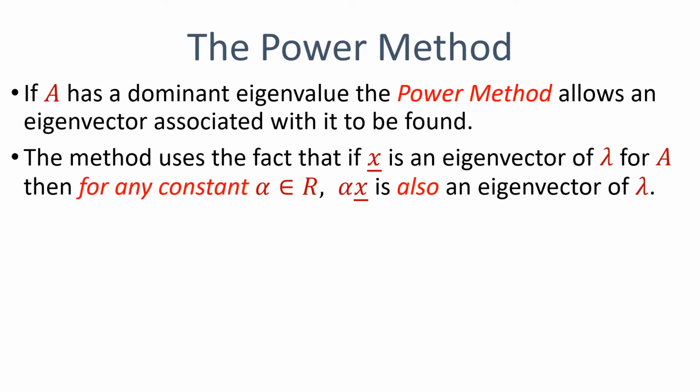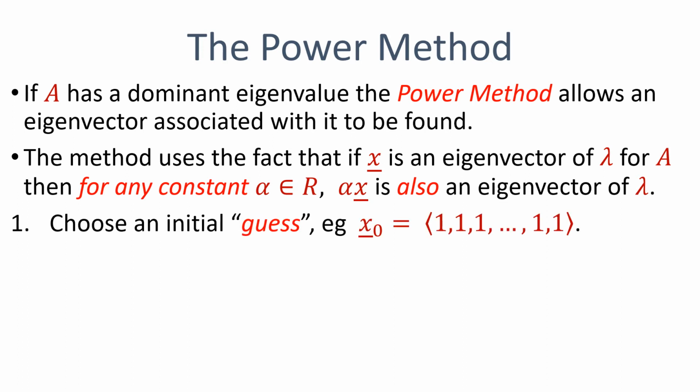And what this relies on is the fact that if we know a particular vector is an eigenvector for a given constant for that matrix, then if we take any real constant, if we multiply our known eigenvector by that constant, then the result is also an eigenvector with respect to that value.